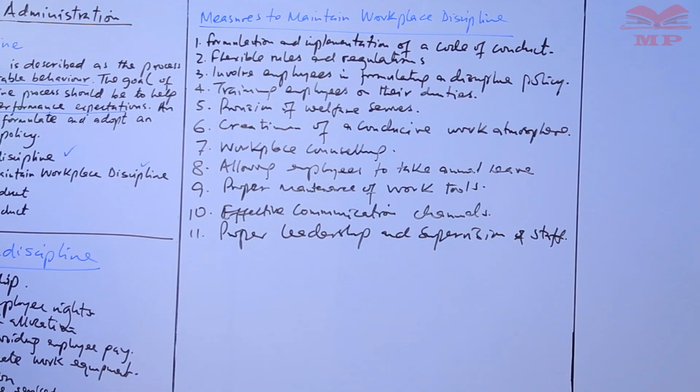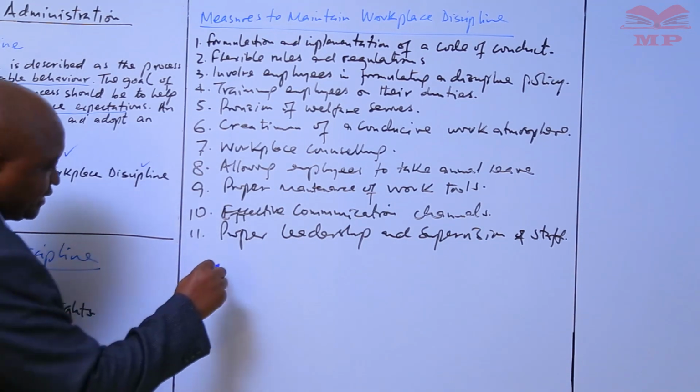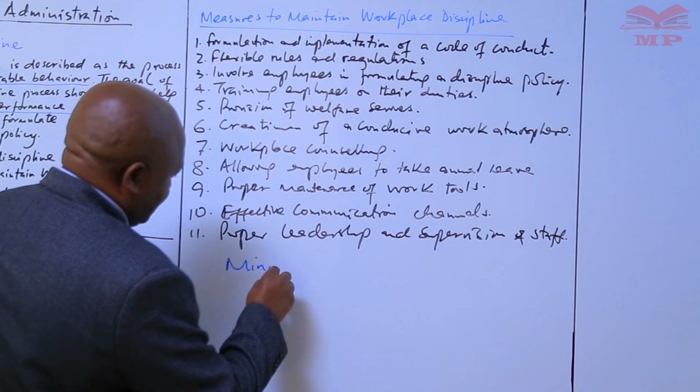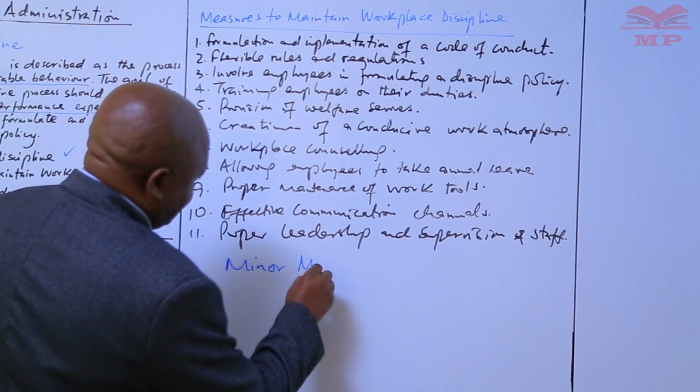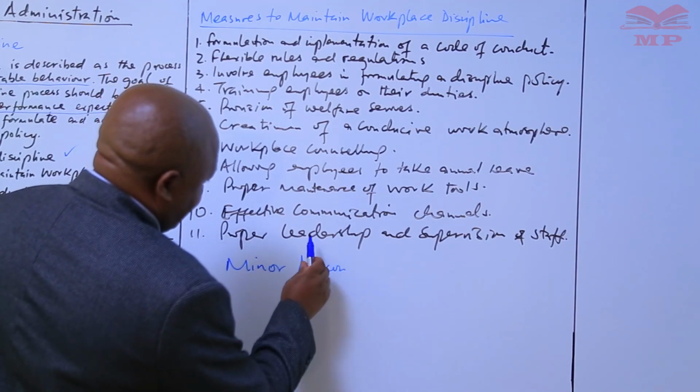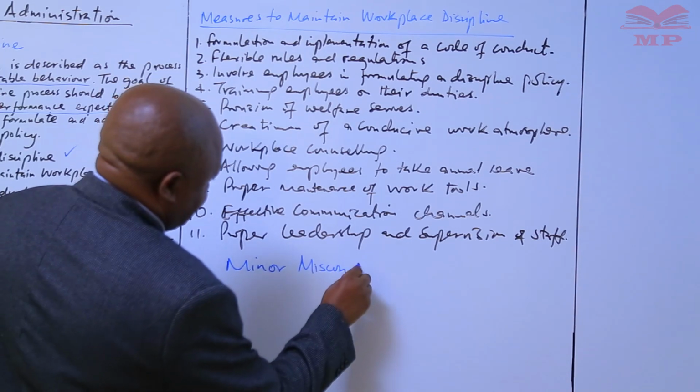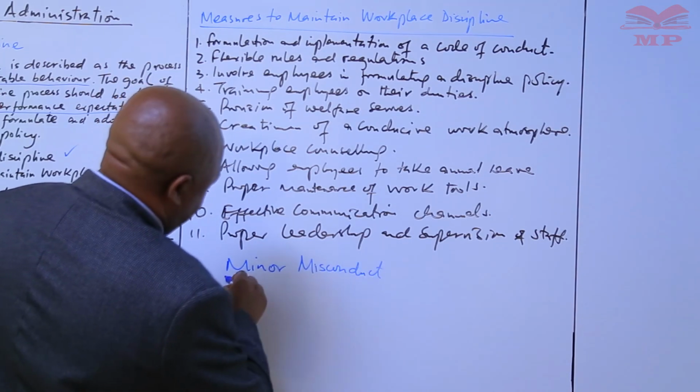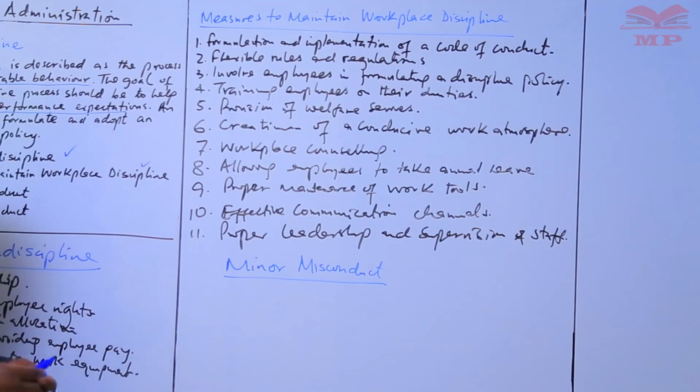So learner, we want now to look at some of the minor misconduct. In a work environment, an employee may behave in a manner that could be categorized as minor misconduct.